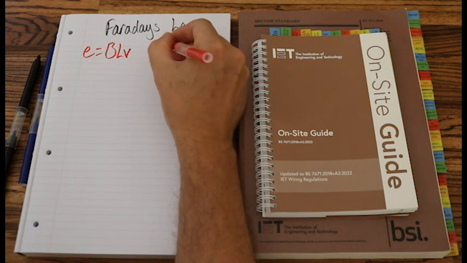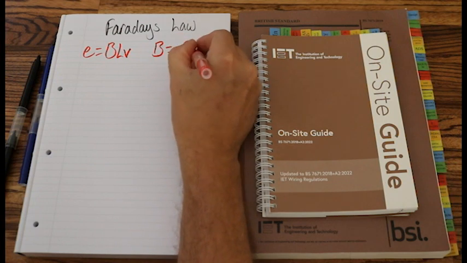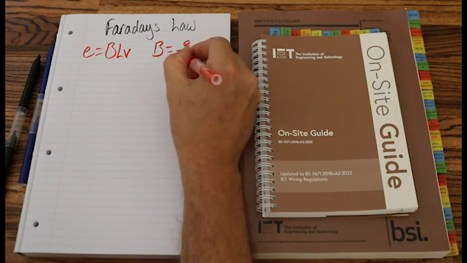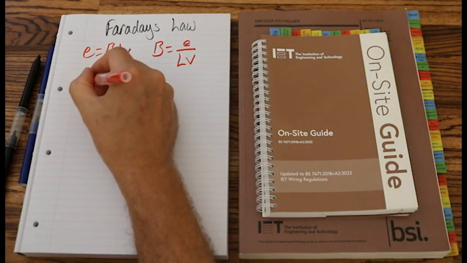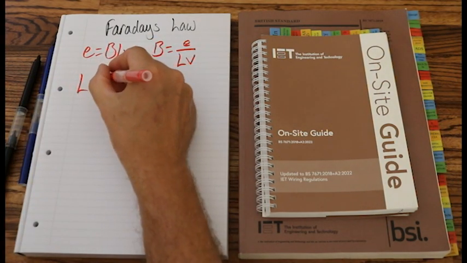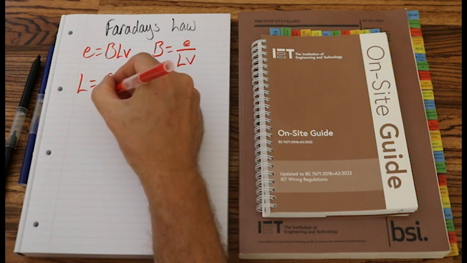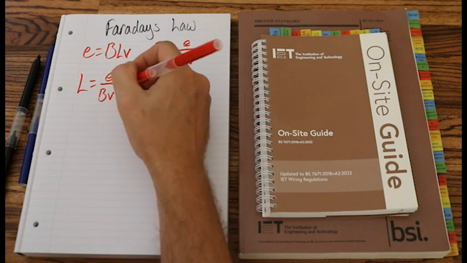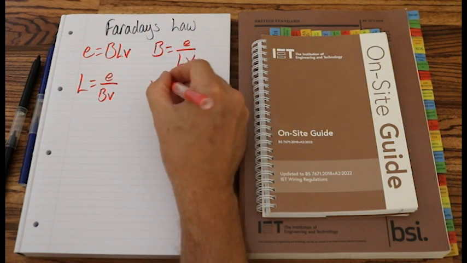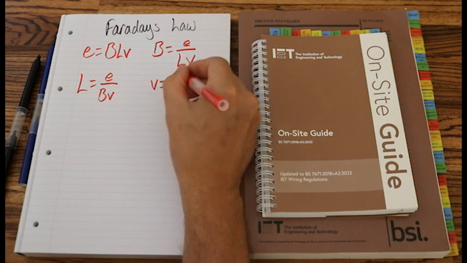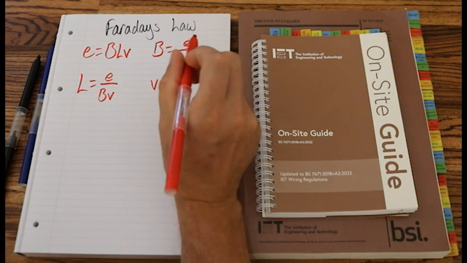We will have capital B equals E over LV, and then we have L equals E over B V, and finally V equals E over B L.